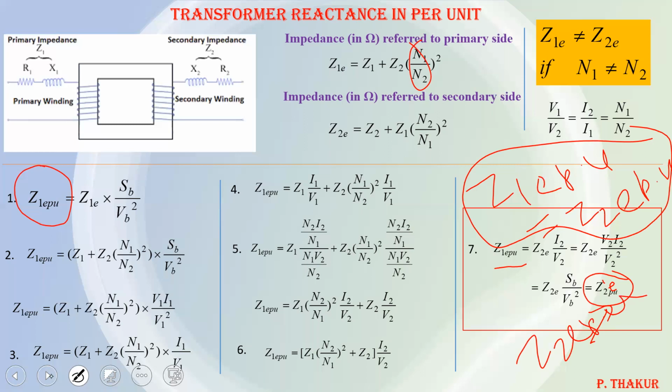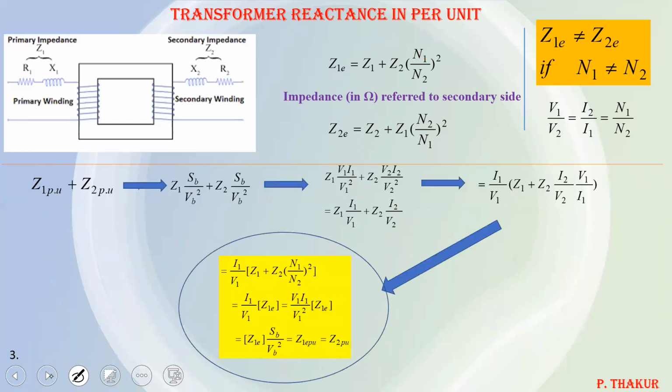And second thing, you can see in this slide, what will be the value of per unit value of this impedance plus per unit value of this impedance. Z1 per unit means per unit value of primary impedance, and Z2 per unit means per unit value of secondary impedance. What will happen when you add these two impedances?